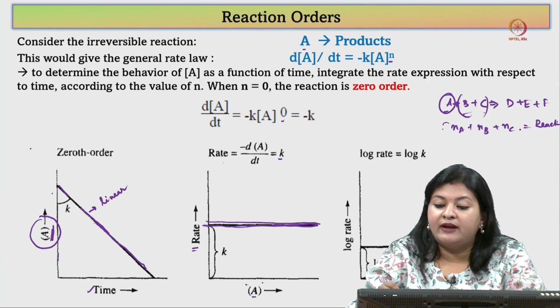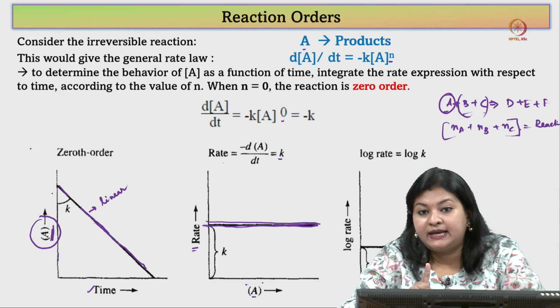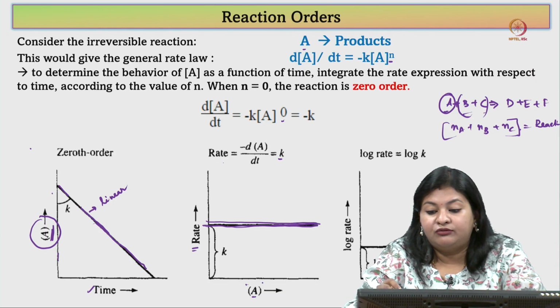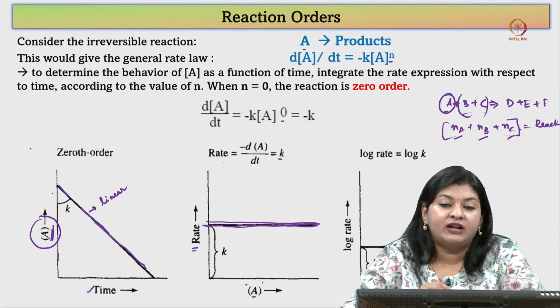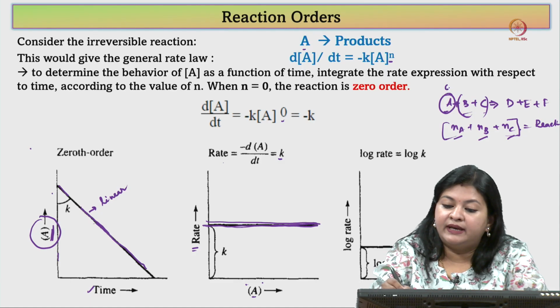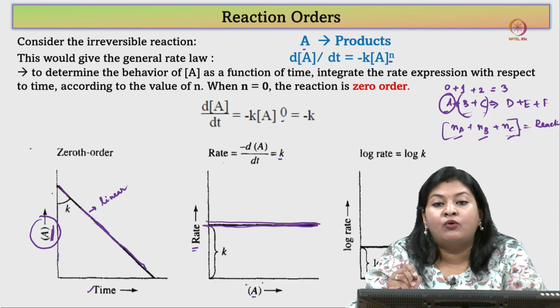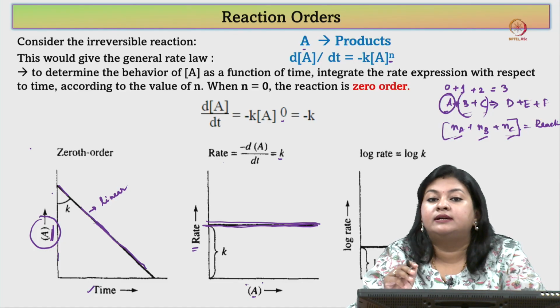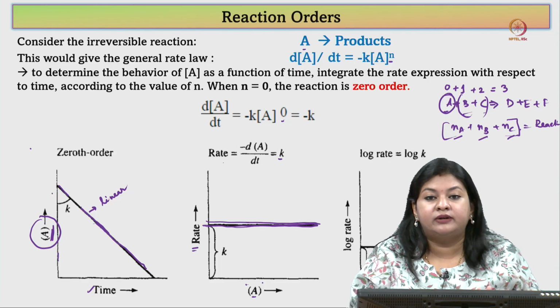So, if somebody asks what is the reaction order of the reaction, you have to find out the order in terms of every component and just sum it. If it is 0 for term A, 1 for term B, and 2 for term C, then my total reaction order is 3. So, the overall reaction order is 3. This is how a 0 order reaction looks.